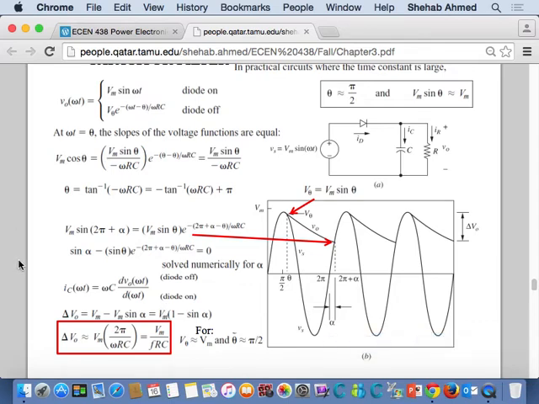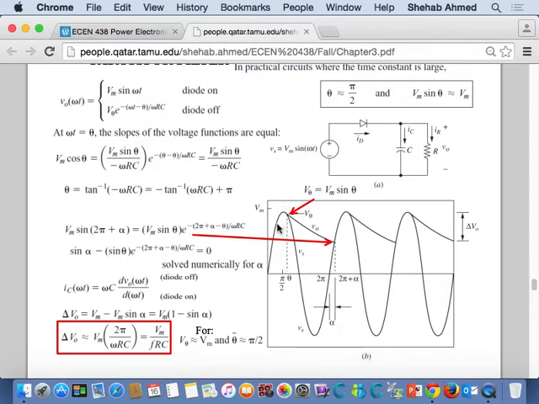Or we know that if my circuit is properly designed, meaning what? Meaning my RC time constant is large enough, maybe a couple of times larger than my initial input frequency. If that's the case, we know that theta, which is this point at which the slopes split, is almost equal to pi over 2, right?